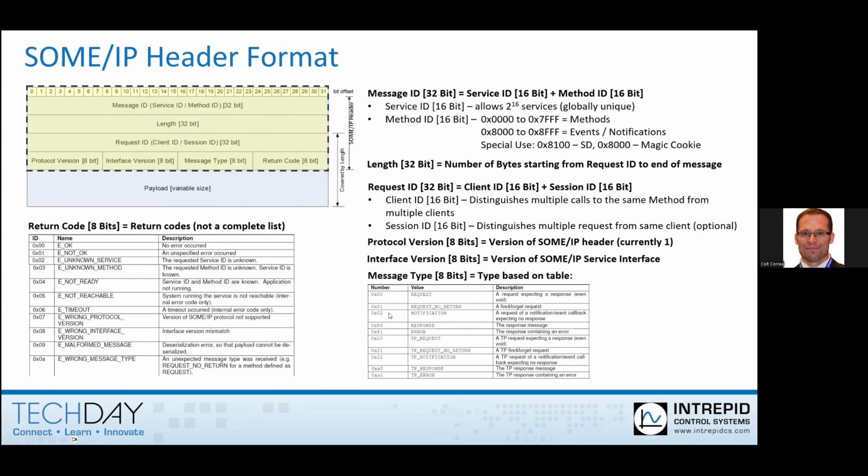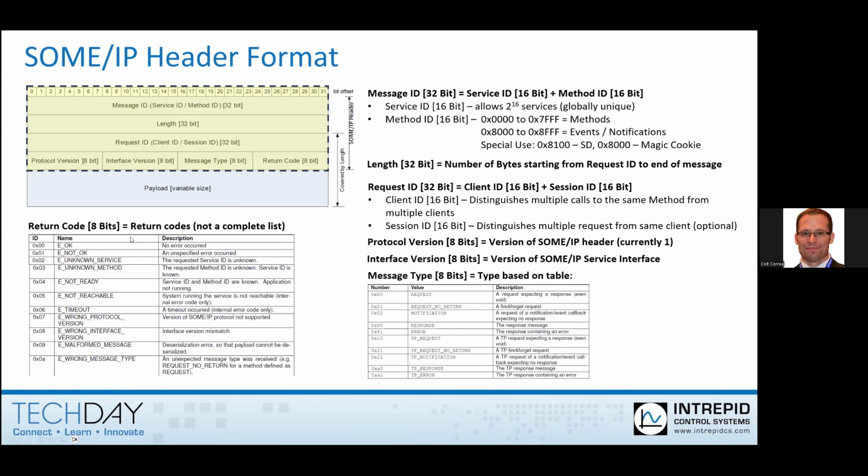There are only 1, 2, 3, 4, 5 types, I'm sorry, 5 types with error. Request would be like a request to subscribe to a message, for example, or subscribe to a service. Request with no return, like a method call, a notification, event notification, some event happened, and then a response or an error.